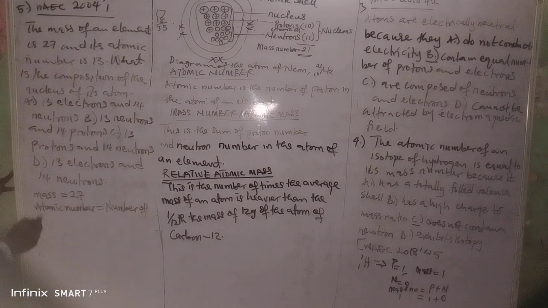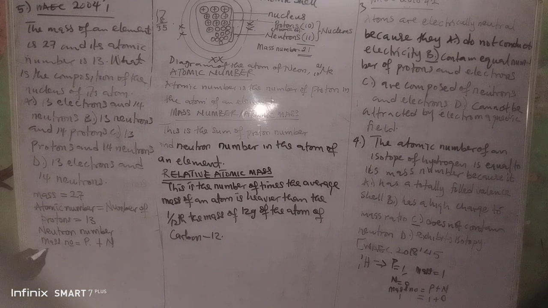The atomic number is 13, which is the proton number. Then you need to know the neutron number. Don't forget that mass number is equal to proton number plus neutron number.